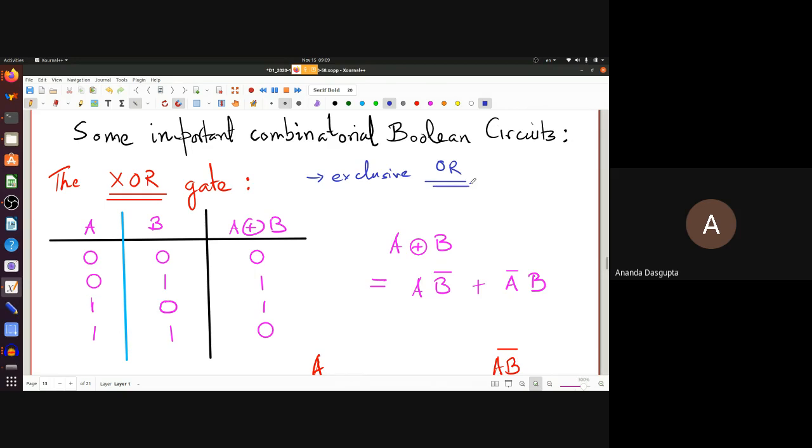So as you all know, in English, we use the word or in two different meanings. We sometimes say or just in the sense something could be either this or that, or perhaps both. However, exclusive or is something like if I say if you don't score 20 in tomorrow's class test, you will fail.